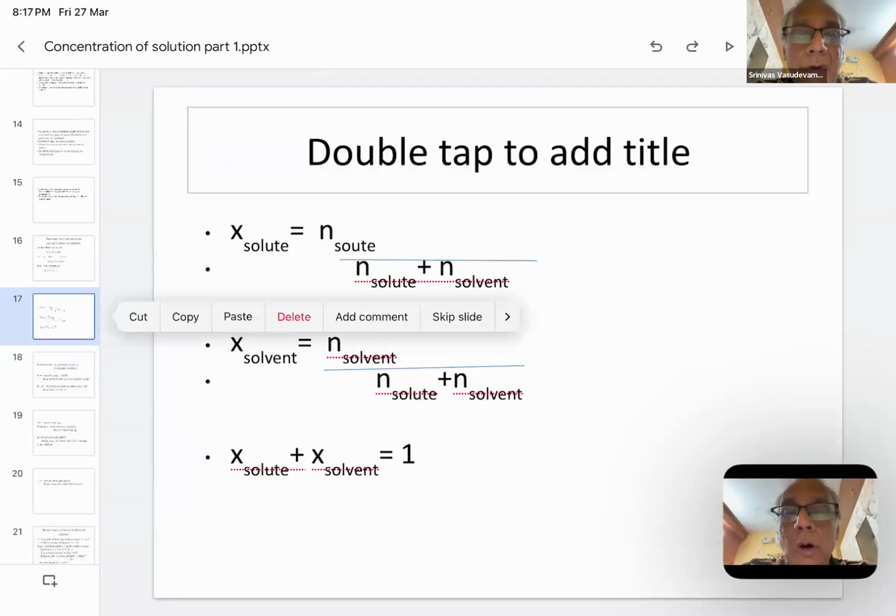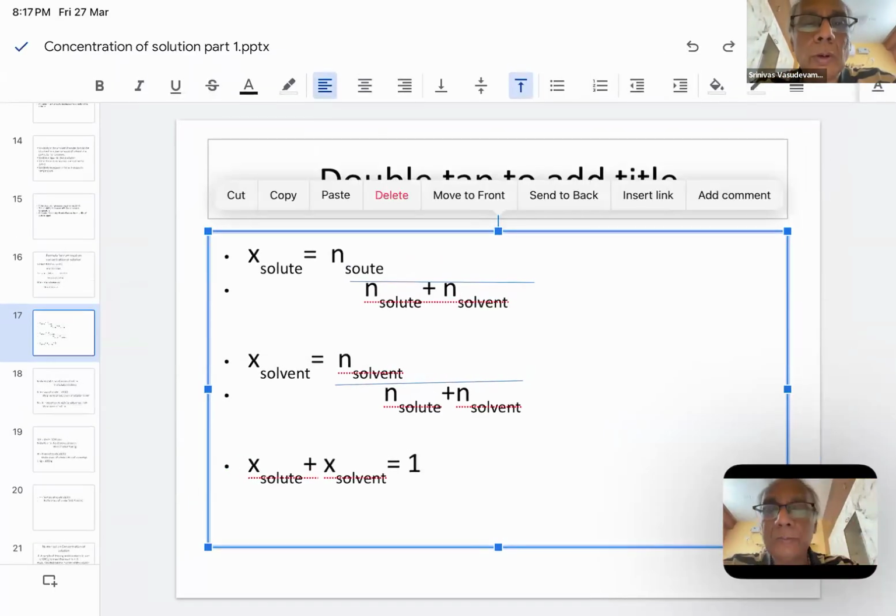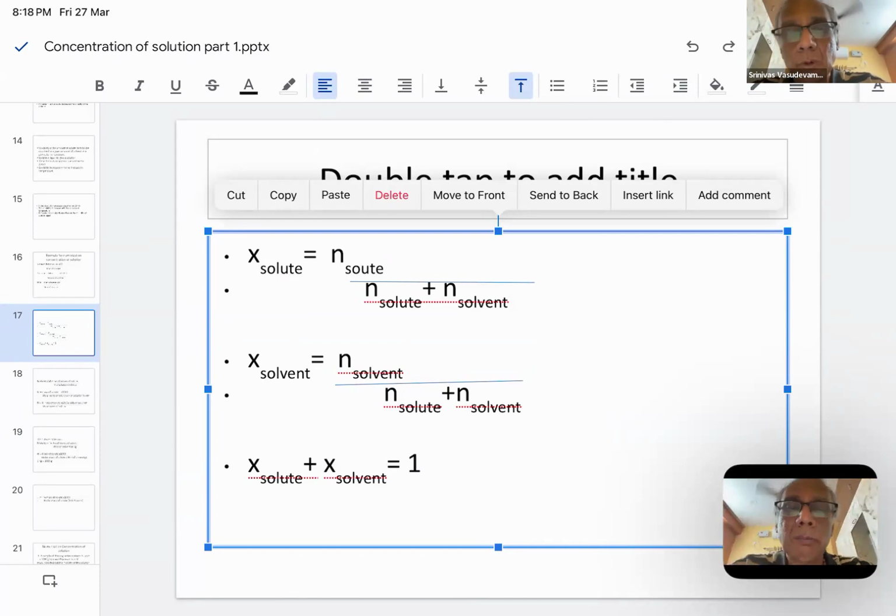Then what do you mean by mole fraction of solute? Say, for example, a solution is made up of a solute and a solvent. Let us say sodium chloride is the solute and water is the solvent. I want to know the mole fraction of sodium chloride, that is the solute, and the mole fraction of water, that is the solvent. Mole fraction of solute is equal to number of moles of solute divided by total number of moles, that is number of moles of solute plus number of moles of solvent.